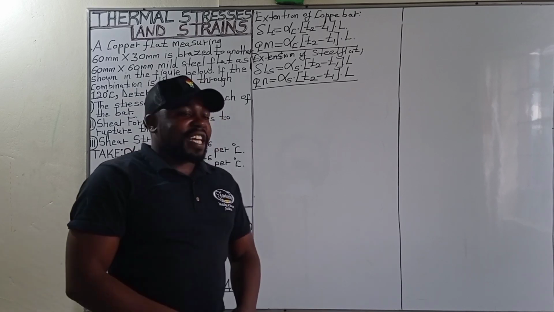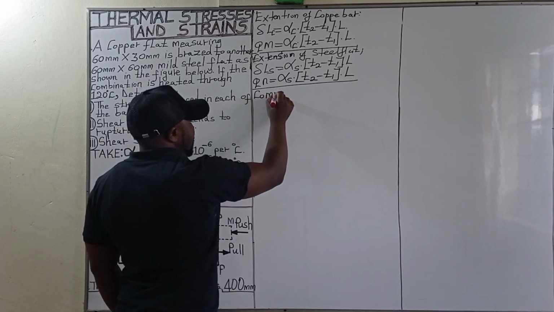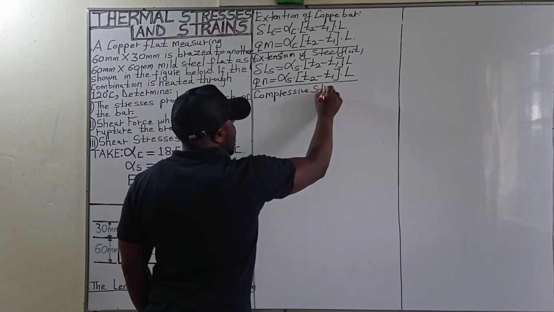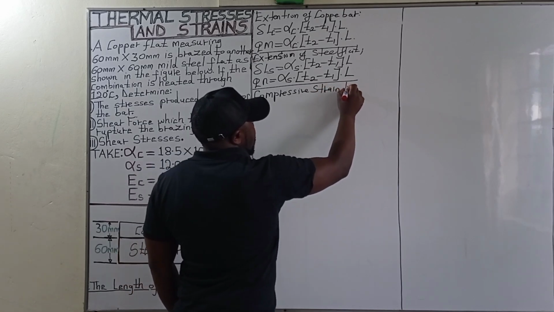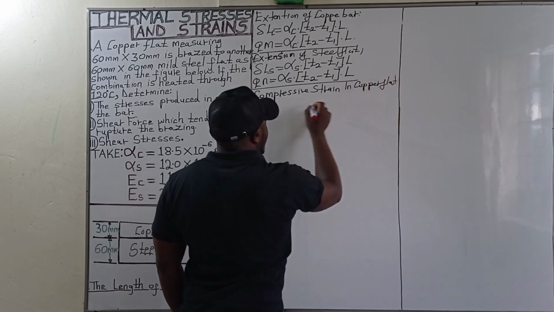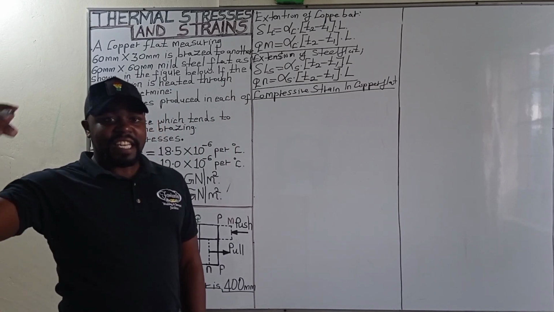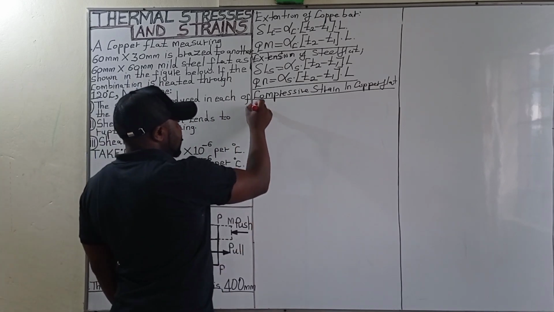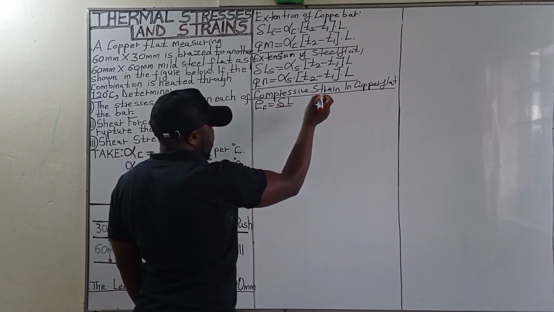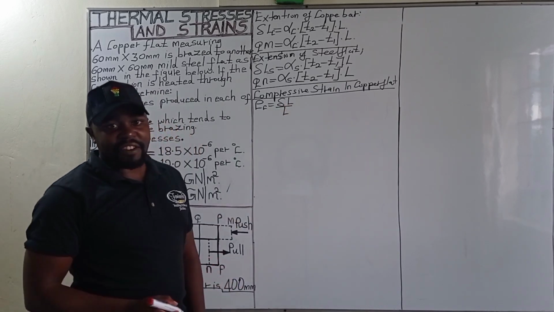Now the compressive strain in the copper flat. This compressive strain will be given by the change in length divided by the original length.